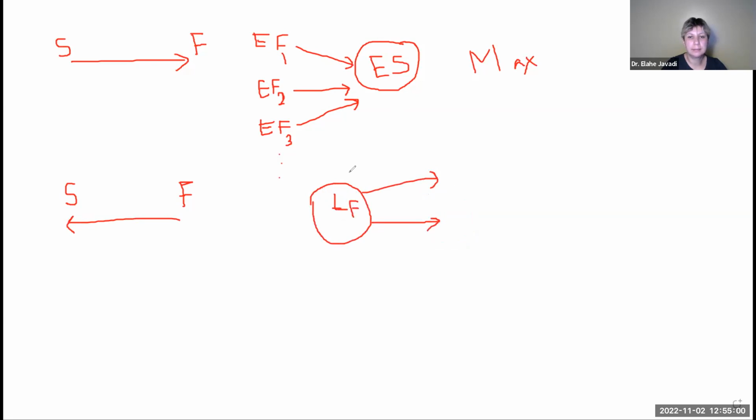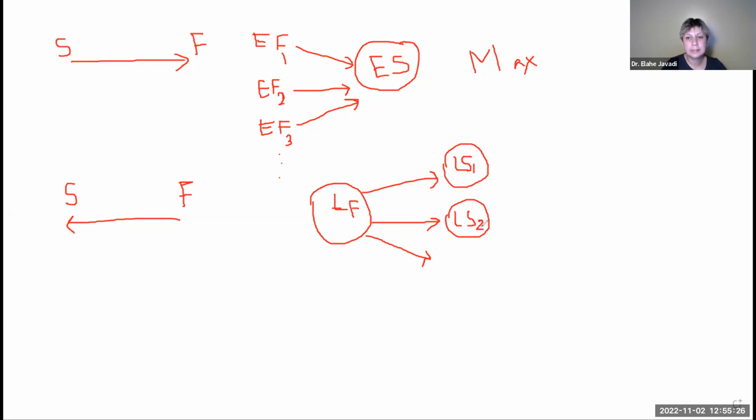So note that when you do a scan from beginning to end, you identify early start based on early finish of what comes before. And in this case, you identify late finish based on late start of the tasks that come after this one. So they work in reverse. This one is setting early start.